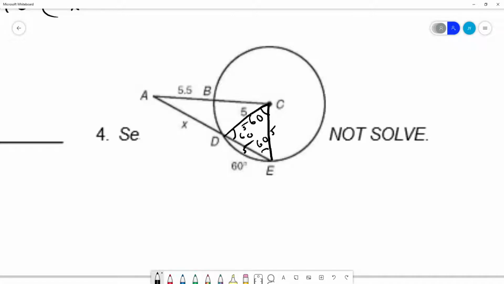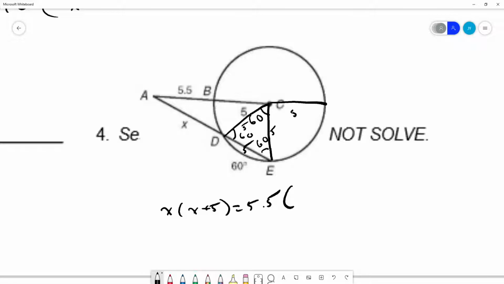Then you can solve from there using the secant theorem. So it's going to be x over x plus 5 equal to 5.5 over. Also, an important thing to realize is that when you're using this measurement of the inside, you have to use the entirety until it hits the other side of the circle.